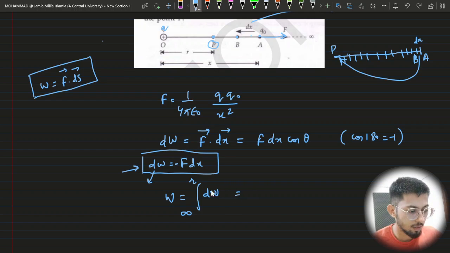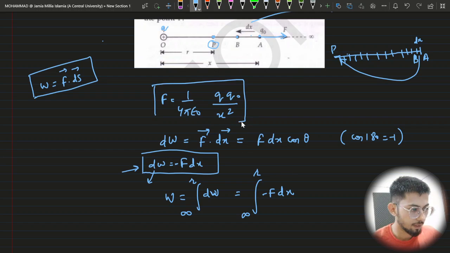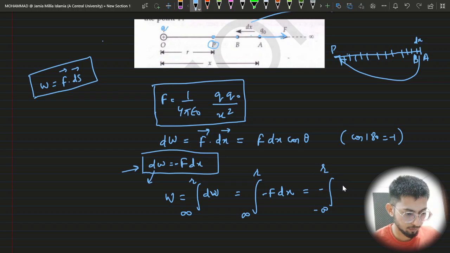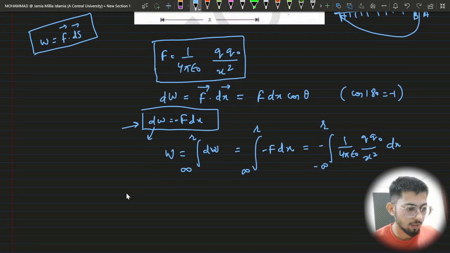Now what is dW? You can replace this with minus F dx, and this is what F is. We already found 1 by 4 pi epsilon naught q naught upon x squared dx. Now let us take out the constant terms.